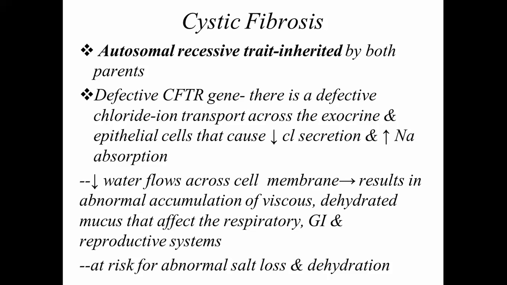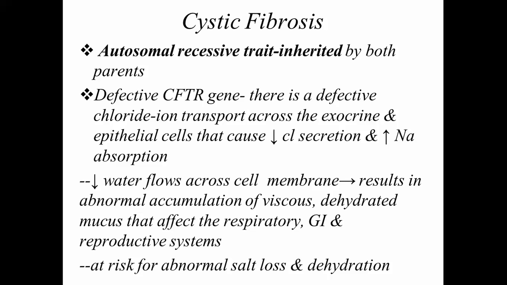That gene is the cystic fibrosis transmembrane conductance regulator gene, or the acronym CFTR gene. So with the defective CFTR gene, there is a defective chloride ion transport across the exocrine and epithelial cells that causes decreased chloride secretion and increased sodium absorption.